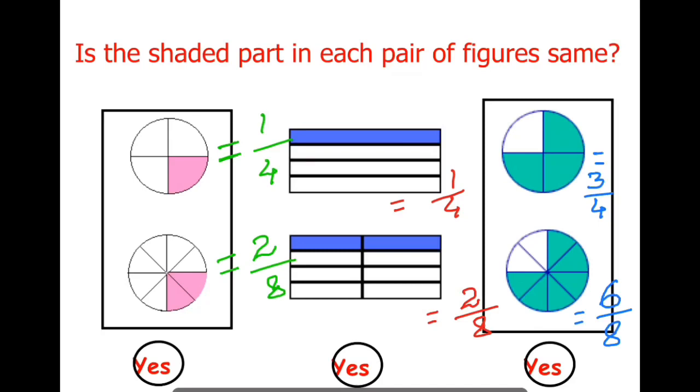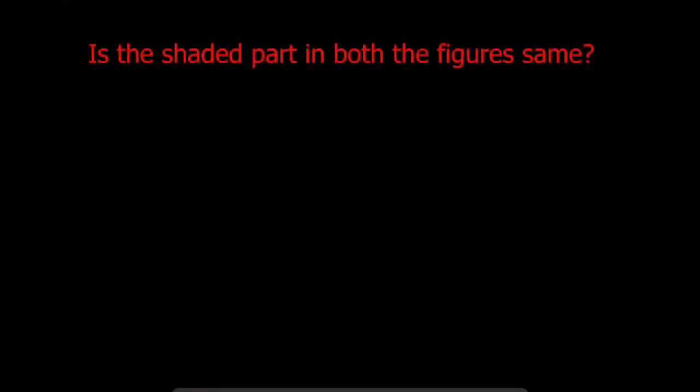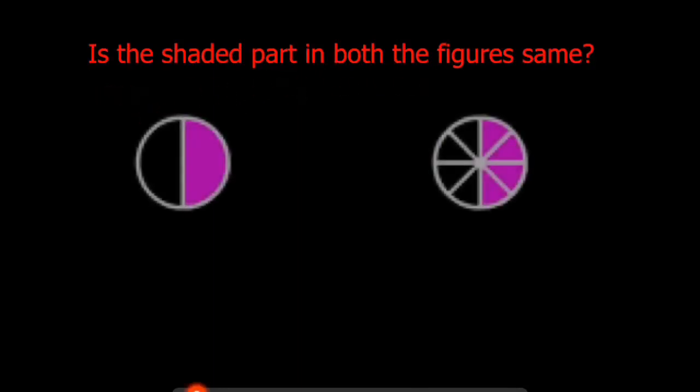Now let's find out what else we have in this video. So the question is, is the shaded part in both figures the same? Now here some more examples are given. Here again we find that these two circles are exactly the same. These are identical circles, and here half of the circle is shaded, and here also half of the circle is shaded.